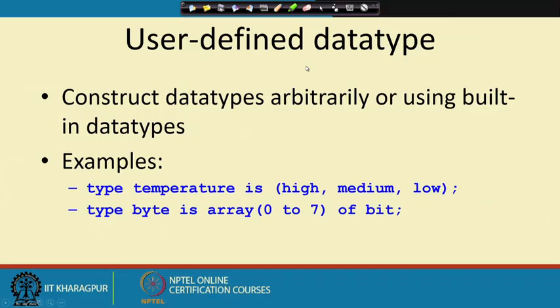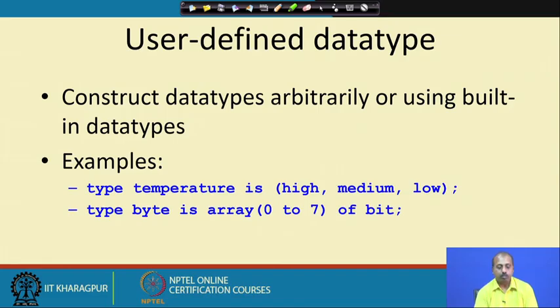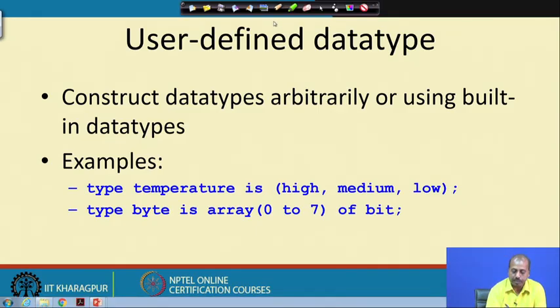So, we can have different types of representations. Also, we can have user defined data types. Using this construct, we can construct data types arbitrarily or by using built in data types. For example, we can say type temperature is high, medium, low, or type byte is array 0 to 7 of bit. So, we are defining two different types here. The first one defines the type temperature, and its possible values are high, medium and low.